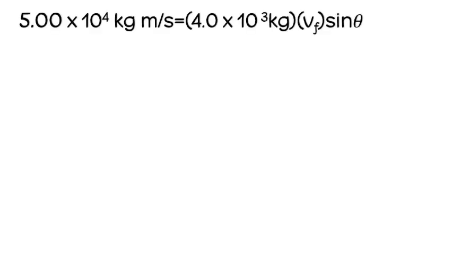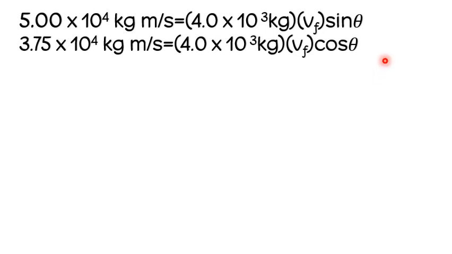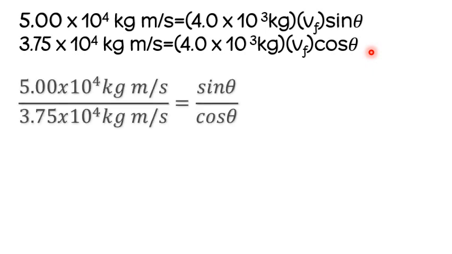Now, combining equation 2 and equation 1, we have two unknowns, VF and theta. So, two equations, two unknowns, madali lang yon. We can divide these two. If we divide equation 2 and equation 1, we will have this over this. Ito yon. And cancel lang tayo nito at nito.